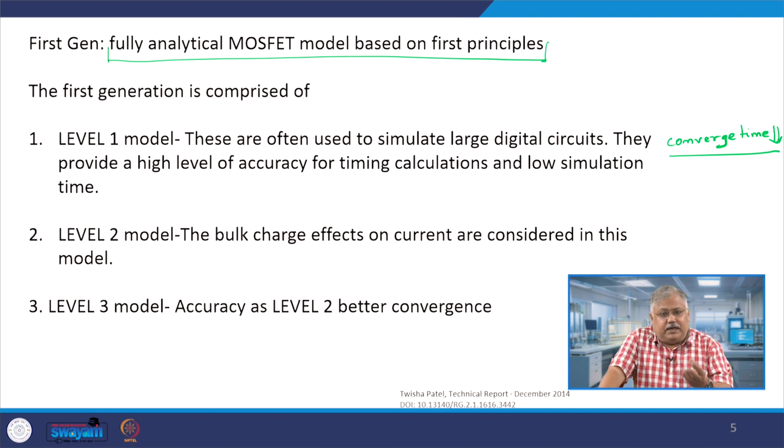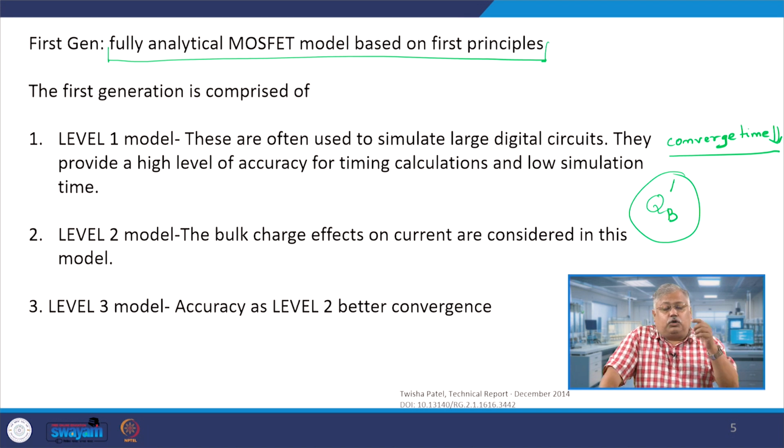Now, the depletion layer charge, let us suppose we define that as QB, per unit area it will be QB prime, the bulk charge per unit area. This will actually define the total charge in the inversion layer.